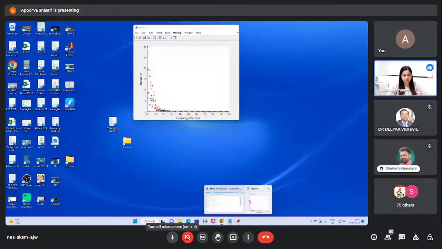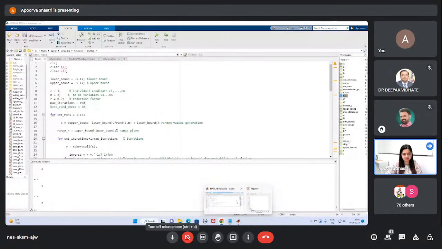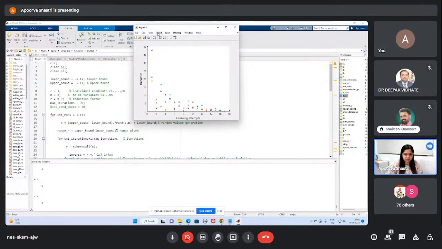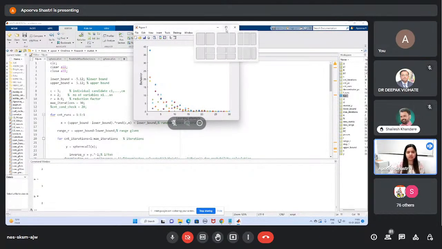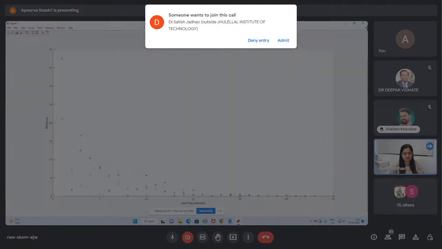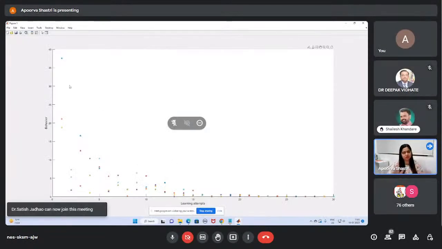I am very sorry. I thought that the MATLAB plot was also visible to you. Let us again change it to 31st. Is the plot visible now? Yes, ma'am. Okay, I'm very, very sorry. I have shared only one window rather than sharing the entire screen.